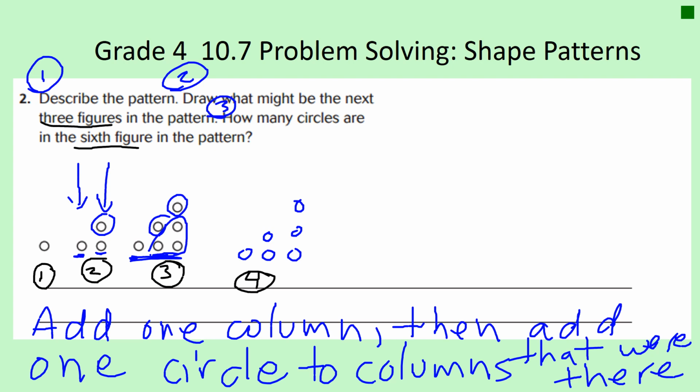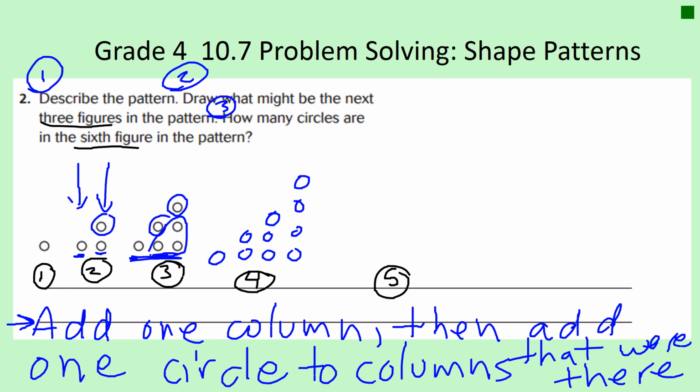So according to what we said, add a column, and then add 1 circle to the columns that were already there. Okay, what do you think? Yeah, that looks like a growing pattern. It looks like a triangle getting more and more gigantic.